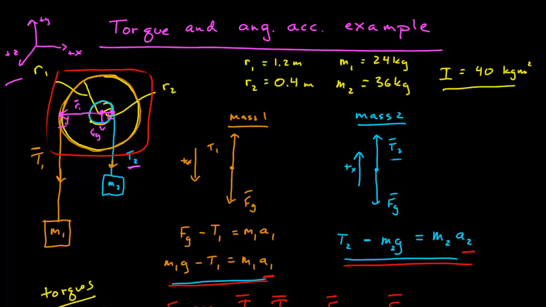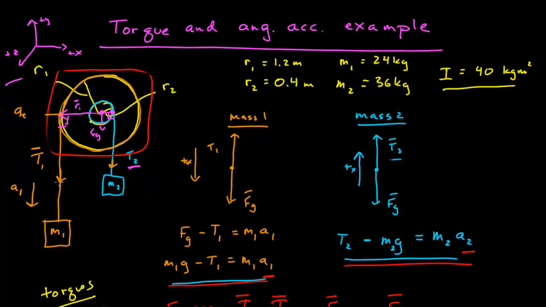So let's go for mass 1. If my mass 1 is decreasing with an acceleration a1, that acceleration is equal to the tangential acceleration of a point along the surface. And that's essentially my rolling without slipping condition.